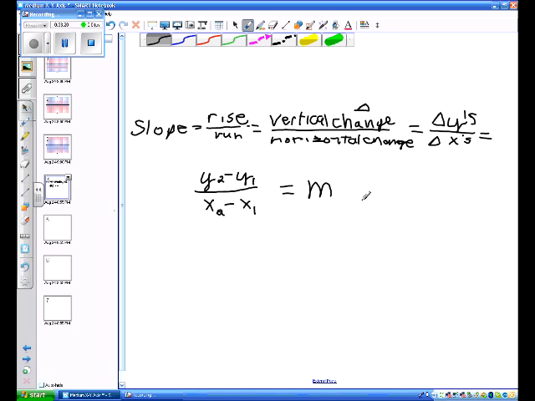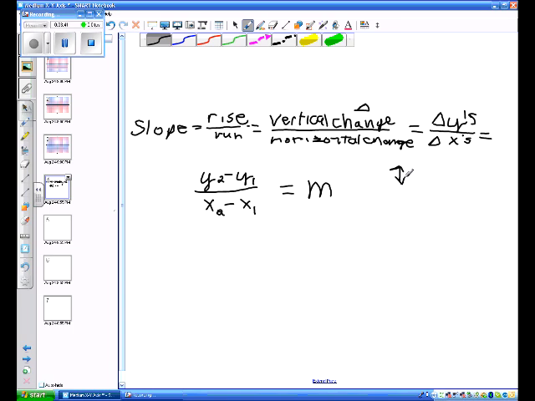So think of M as a mountain, and a mountain goes up. Slope is how much we've gone up compared to how much we've gone horizontally.